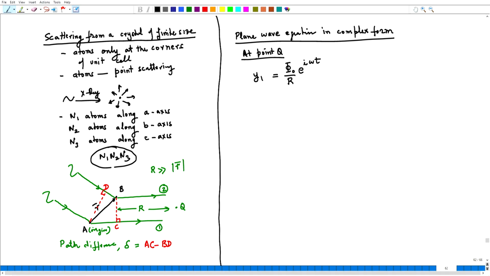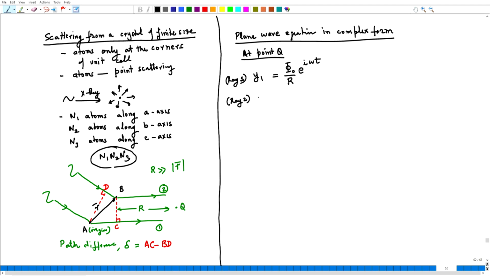This is basically ray 1 at point Q. We are considering everything at point Q, I do not need to write it again. So, this is due to ray 1, and then due to ray 2, which would have travelled a different distance as compared to ray 1.